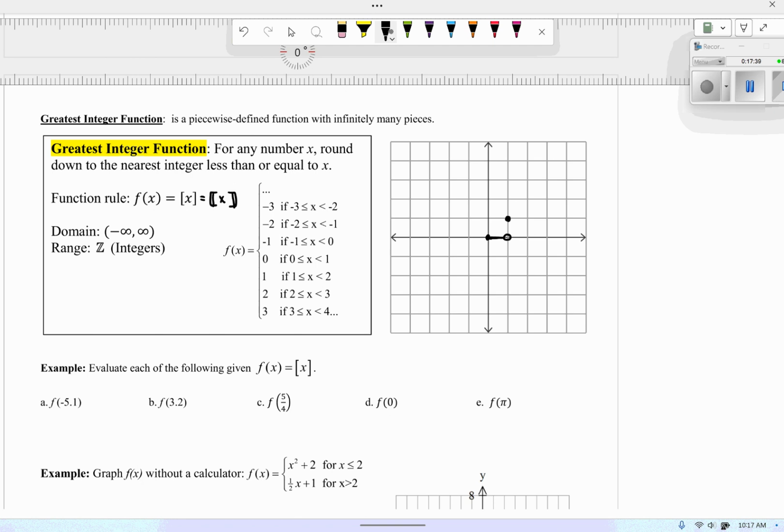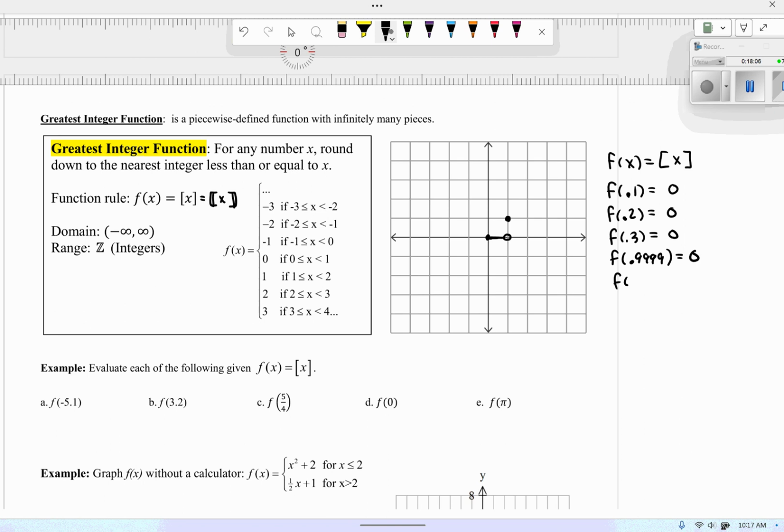So we have f of x equals the greatest integer of x. If I plug in f of 0.1, that's rounding down to 0. F of 0.2 rounds down to 0. F of 0.3 rounds down to 0. All the way up to f of 0.9999 is still not an integer, so that rounds down to 0.